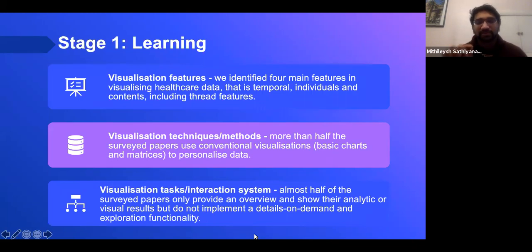The moment you click on a particular item of interest, you need some kind of pop-up which gives you better information. It could be for a healthcare professional or for a patient. I think those things are missing in the current solutions. And patients are not able to explore the data itself. That's another drawback as well. So this is something we learned in the first stage.